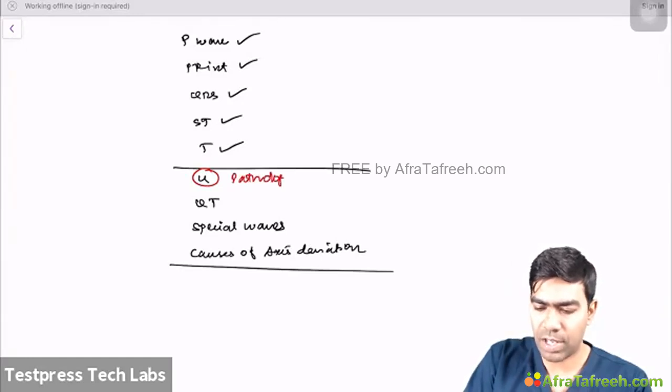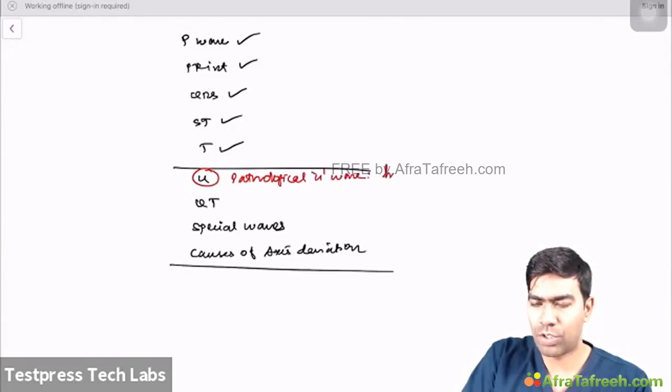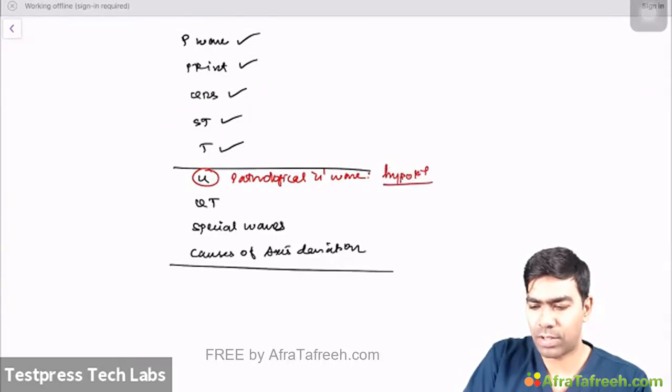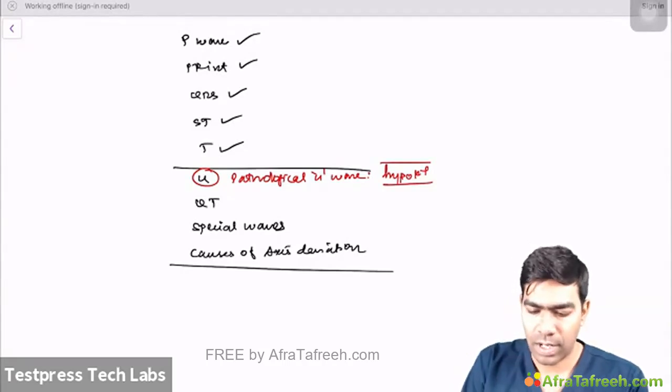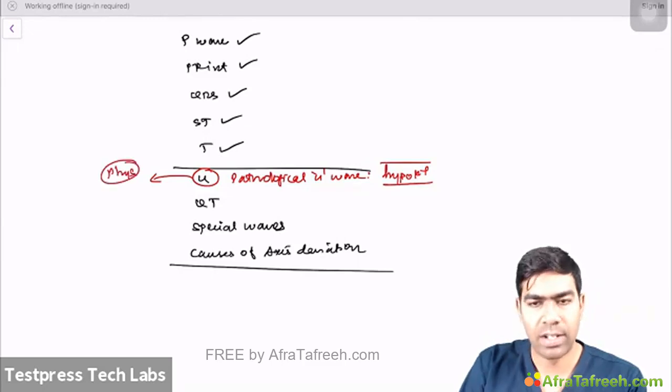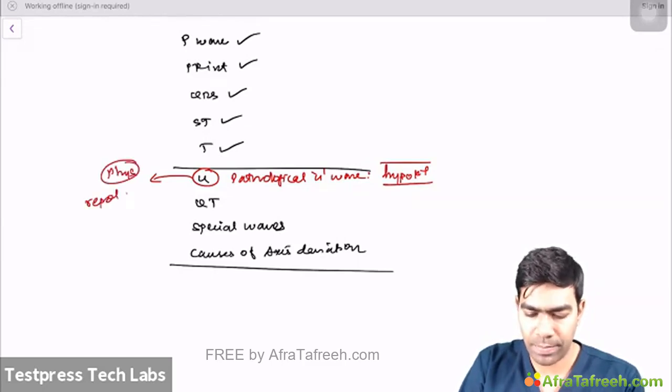And in exam, if they ask you the cause of a pathological U wave, only one answer you should give, that is hypokalemia. Everyone knows that. So this is the only thing they will ask you in exam: hypokalemia, cause of pathological U waves. And apart from that, physiologically U waves are generated due to repolarization of Purkinje fibers.